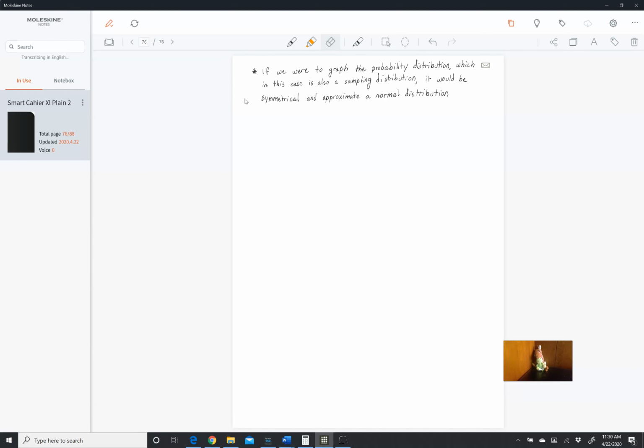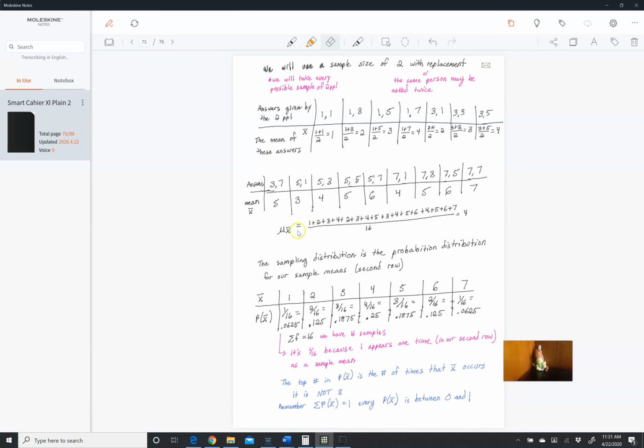Okay, now the other way to take the mean here, right? If you look at what we did on the previous page, you could find the mean by doing this, okay? Or we could find the mean the way that we take the mean of any probability distribution, where we take the sum of the x bar times p of x bar.